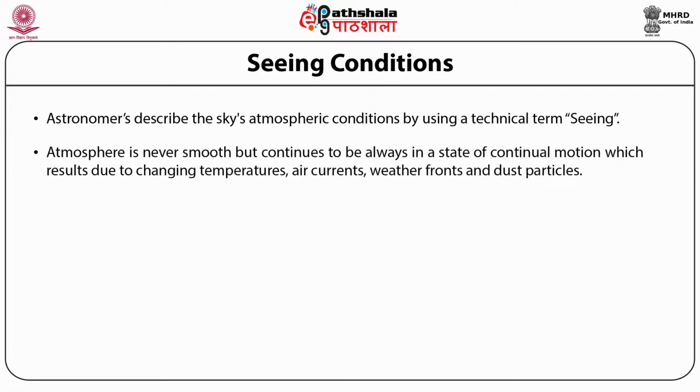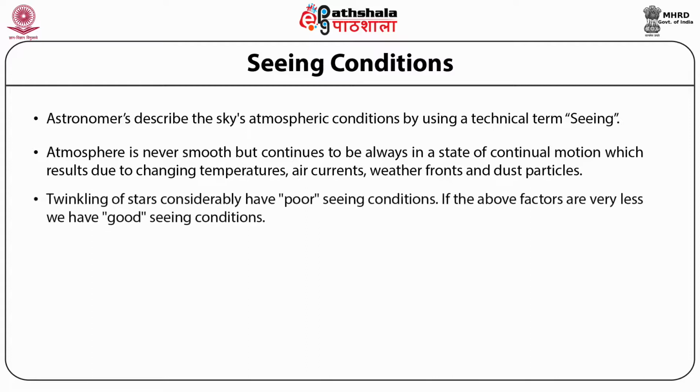The atmosphere is never smooth but is always in a state of continual motion, which results from changing temperatures, air currents, weather fronts, and dust particles. These factors cause the star's image to twinkle. Twinkling of stars means poor seeing conditions. If these factors are very few, we have good seeing conditions.